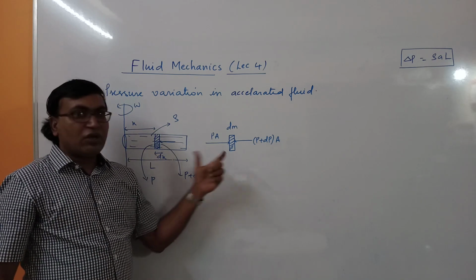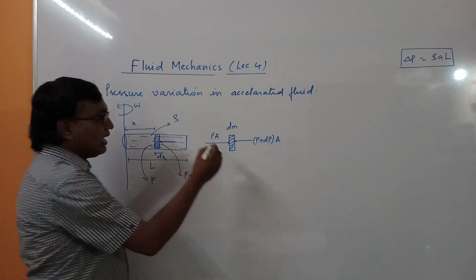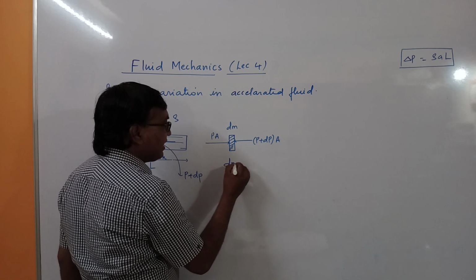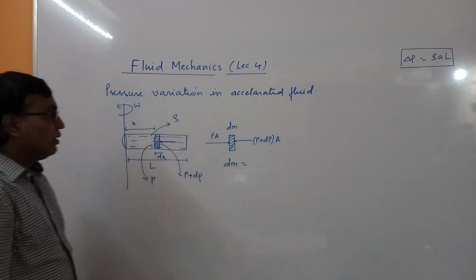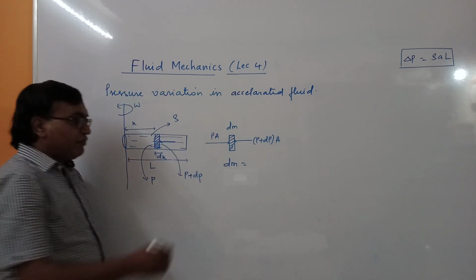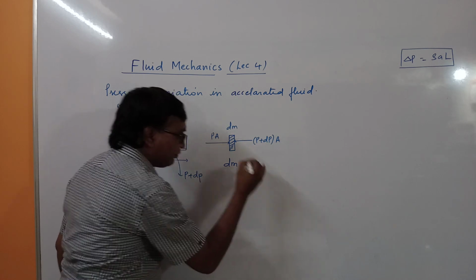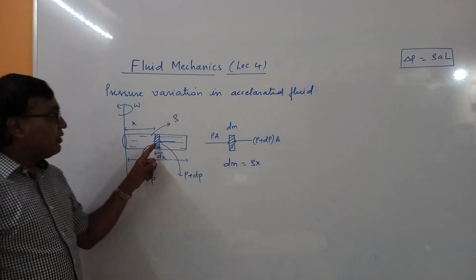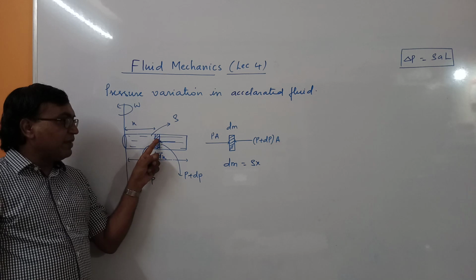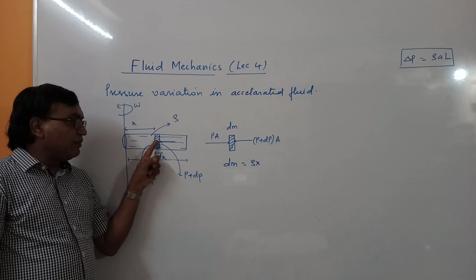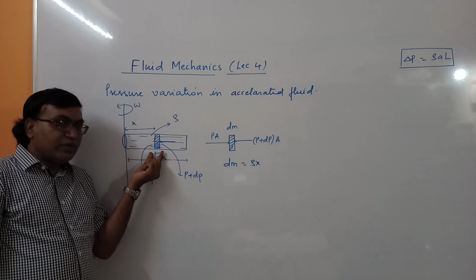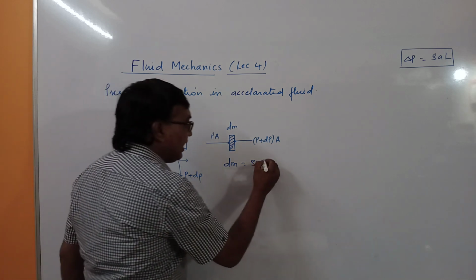So the net force is along this direction, and this mass dm is given by dm equal to the density of the fluid multiplied by the volume of fluid contained in this small element. So volume will be area of cross section into dx width, so A dx.